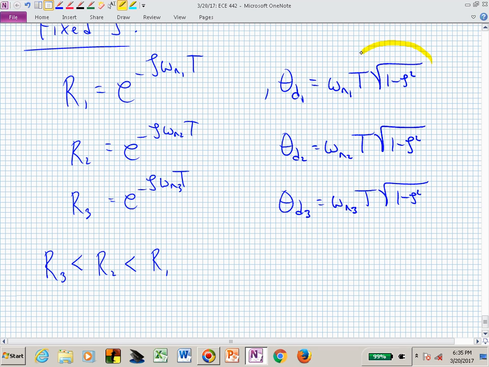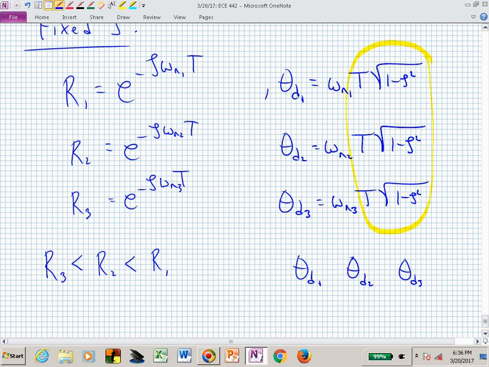Is it clear that this piece of all three of those is the same numerically? And now I'm simply changing my omegas. Again, I'm growing those as I increase from 1, 2 to 3. So now, if I wanted to order my angles, which angle is the biggest? Theta D1 or theta D2 or theta D3?